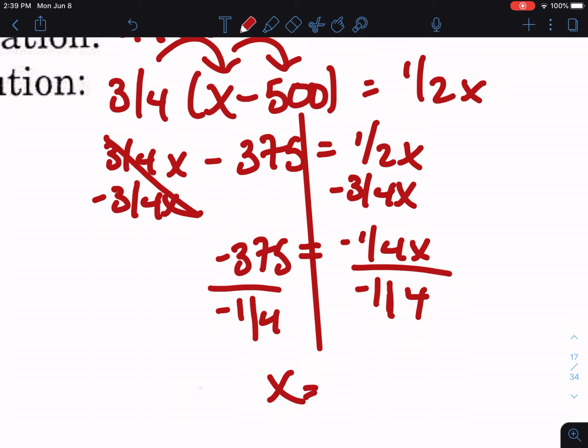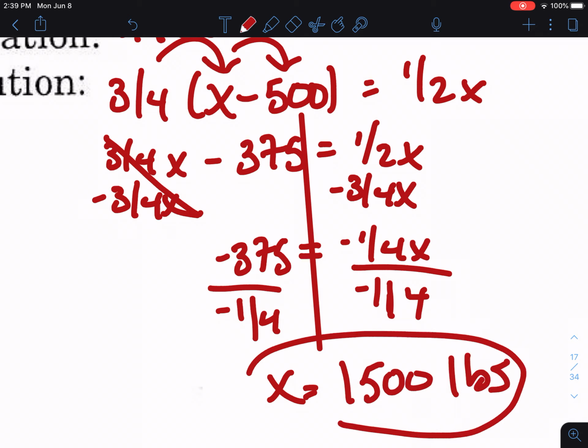So we're going to end up with X equals, so we got negative 375 divided by negative 1/4, and X equals 1,500. So 1,500 pounds, that was the original amount of gravel.